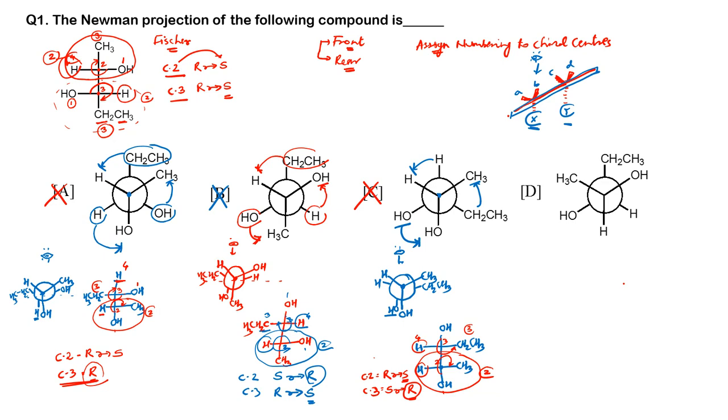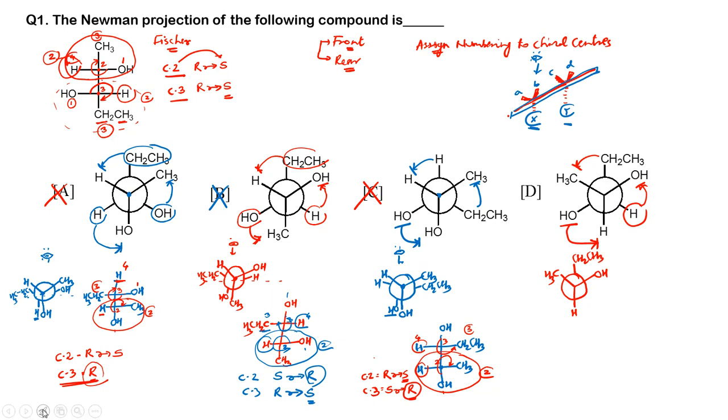So finally we'll move to the last option, and it's expected to be correct, but we'll confirm it. Similar exercise: we'll rotate the rear connectivities by 60 degrees. So we'll write the corresponding structure: H, OH, CH3, CH2, CH3.